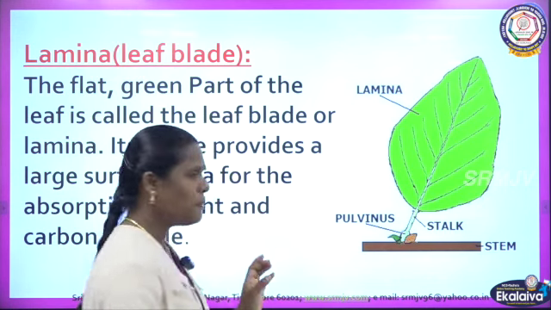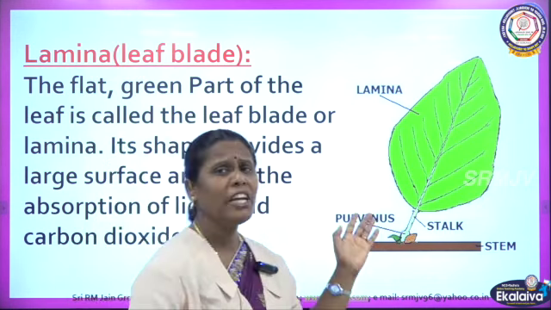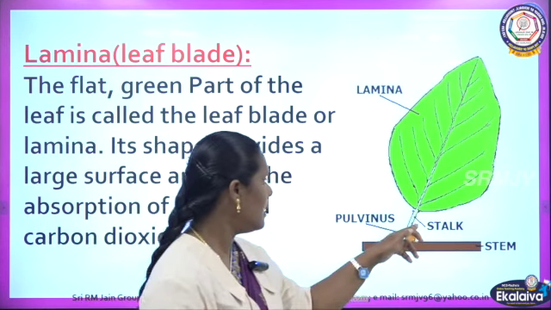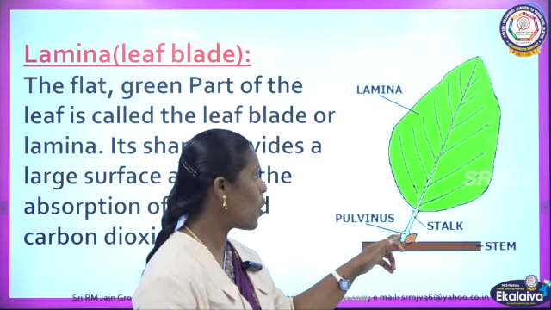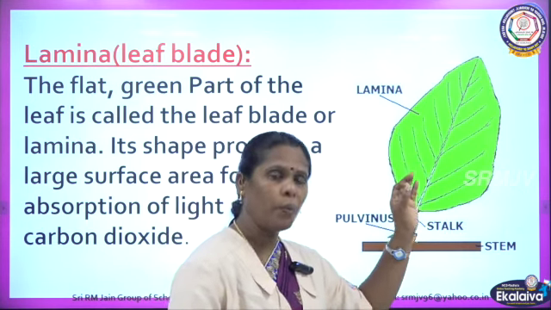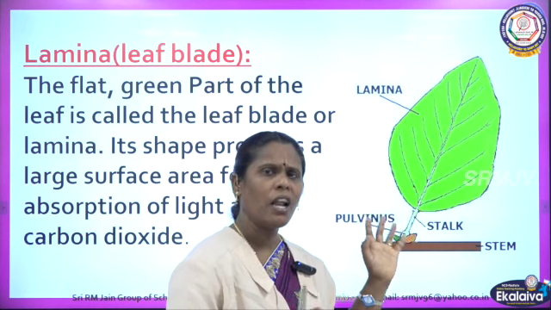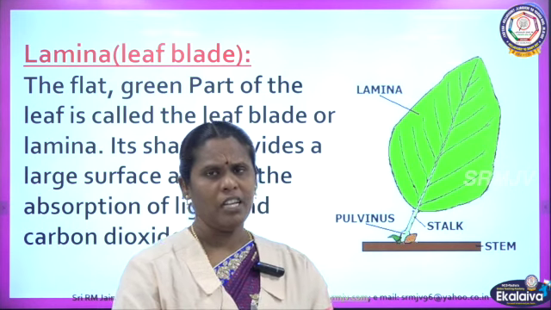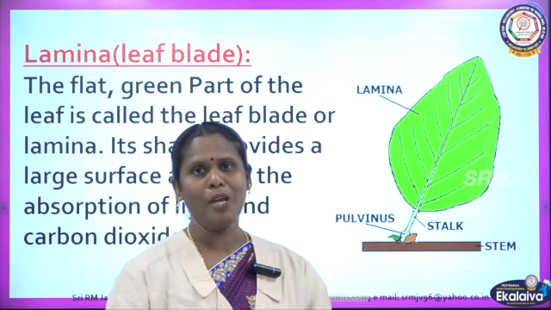What are the parts present in the leaf? Here, see, there are many parts present in the leaf: stalk, lamina or leaf plate, midrib, veins. Let us learn one by one.